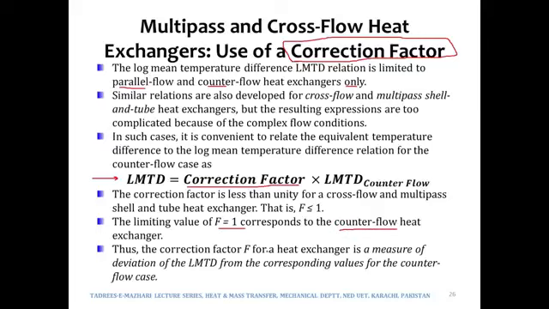And in fact this correction factor, as is very well defined over here, is a measure of deviation of the log mean temperature difference from the corresponding values for the counter flow heat exchanger case. So it takes into account the deviation. The smaller the correction factor is, there would be more deviation of the LMTD for cross flow or multipass heat exchanger from counter flow heat exchanger.